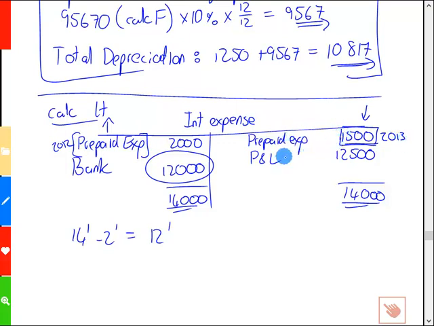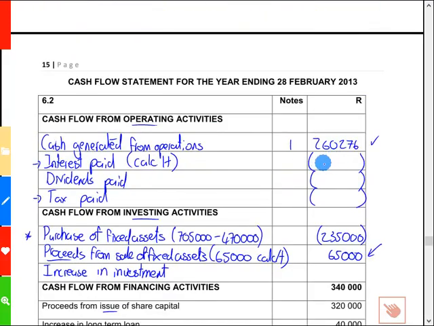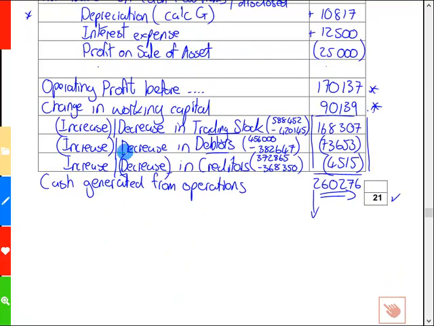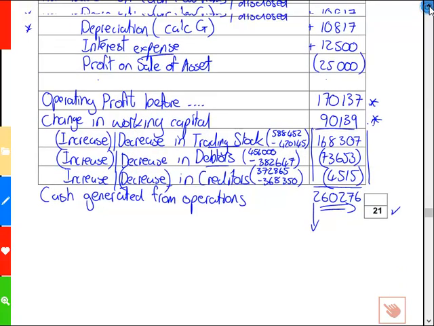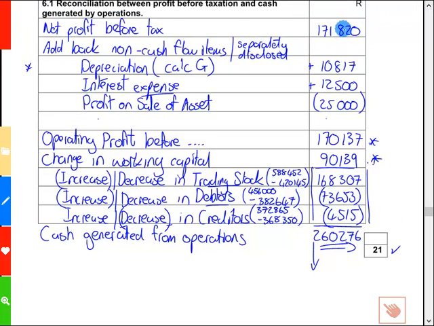So interest expense paid then amounts to 12,000 Rand. And let's fill that in. There we go. Right, and that is different from the interest expense at the top here, which is the amount that was included in my net profit before tax. They could be the same if there was no prepaid expense.